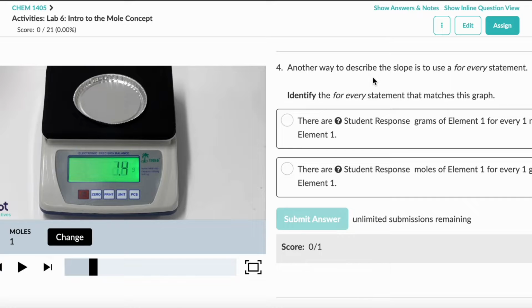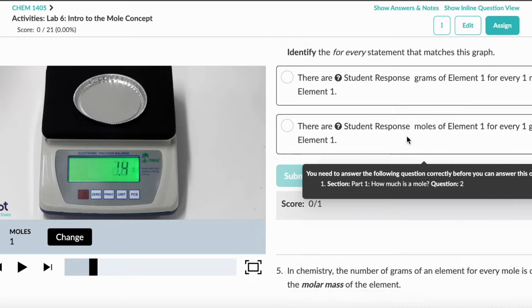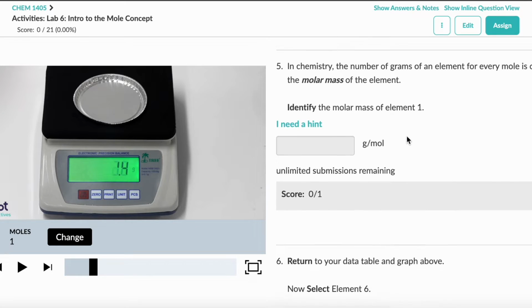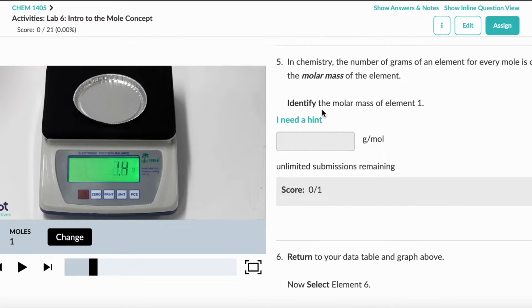So how many grams per 1 mole? So you are going to identify the statement that matches your graph. And from that information, you are going to consider what the molar mass is. And luckily for you, what you found in the slope is essentially the molar mass.